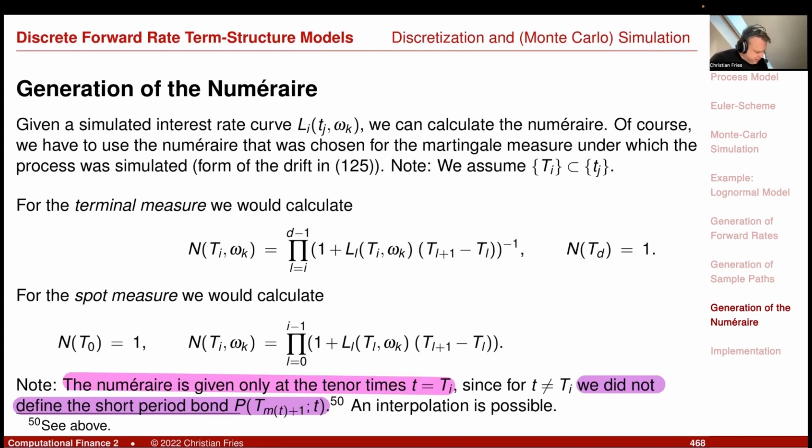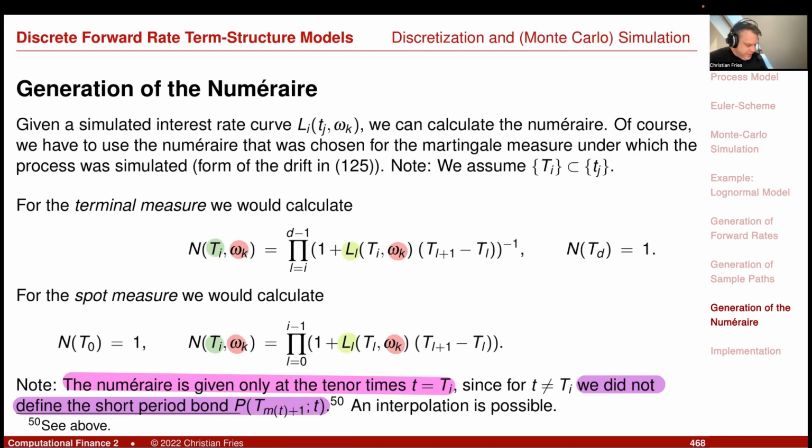So at these times, the times which correspond to the forward rate time discretization, my period time discretization, I can just calculate samples of the numeraire by just using my samples of the forward rate. It's just a function of a random variable where we use the forward rates L, here indexed with little l.